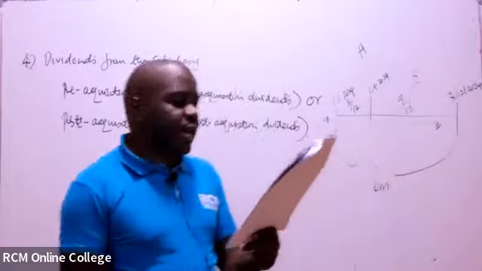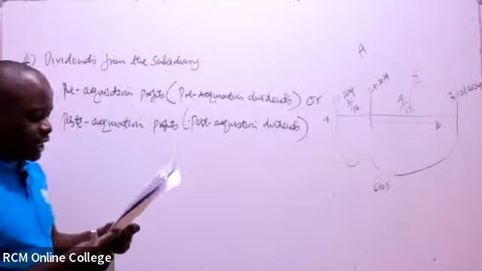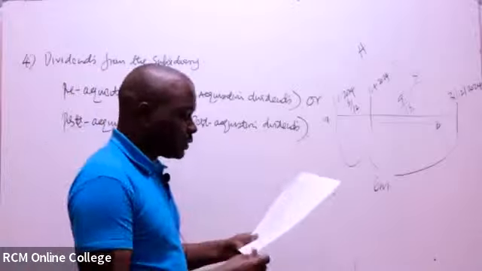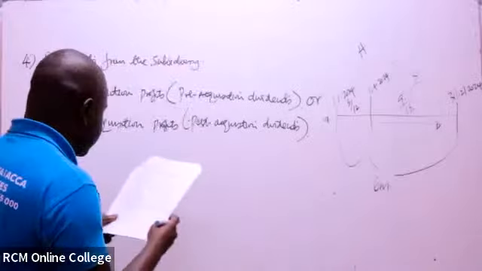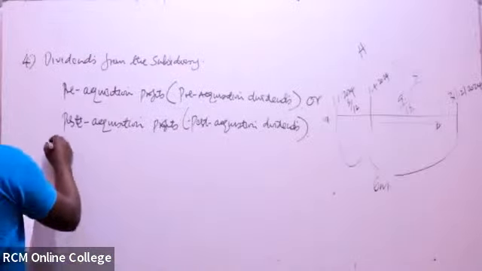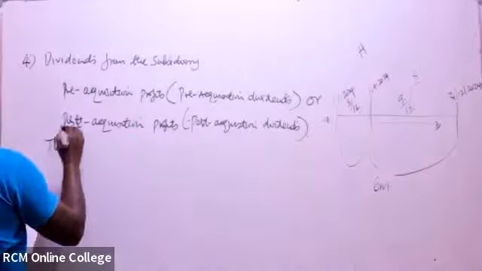Full stop. Then you write and say, the parent share of pre-acquisition dividends. The parent is the holding company.